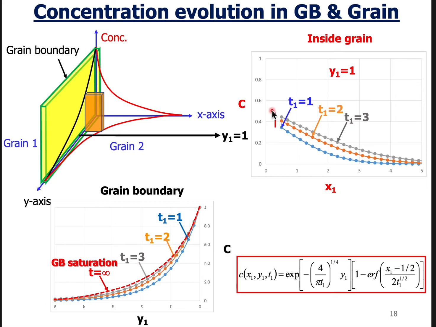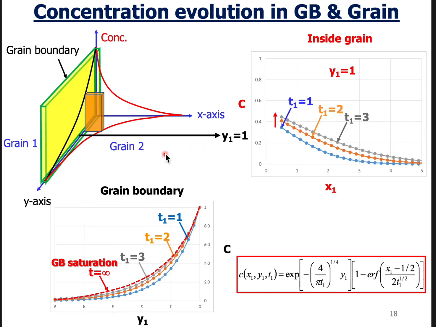You can observe the increase of the concentration of diffusing atoms inside the grain. So the concentration increase is larger and higher than what happens in the grain boundary. Okay, so this we finish.